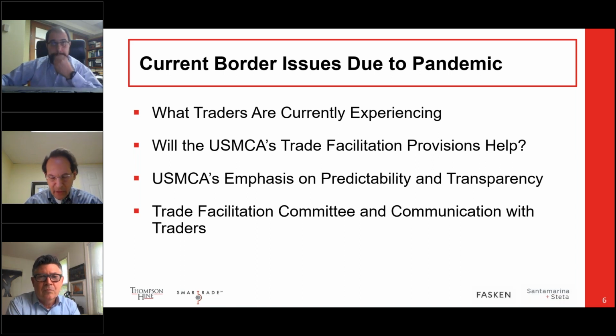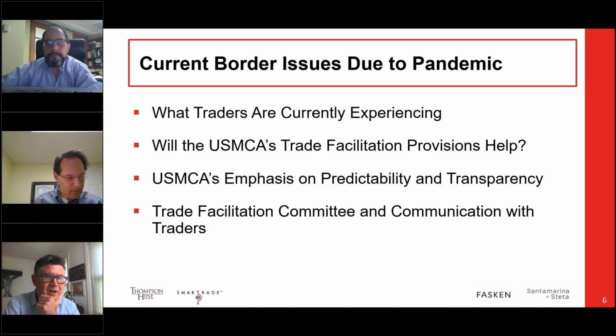And so it's not going to be the panacea. It's not going to be a snap your fingers and everything is going to be okay with the border, but it is going to be, hopefully, when it's all implemented, a means of minimizing the friction of regulatory requirements that just compounds the problems that the pandemic creates.